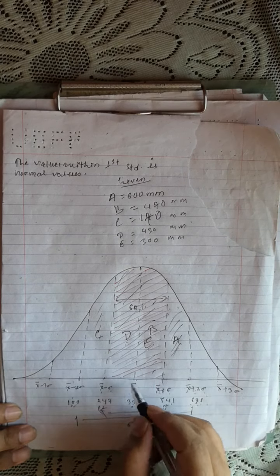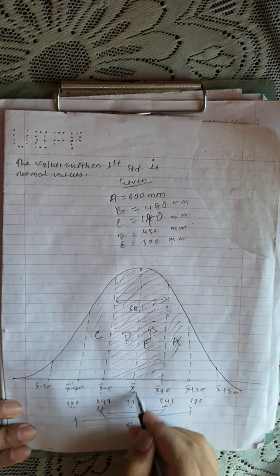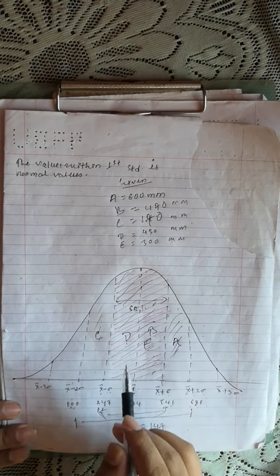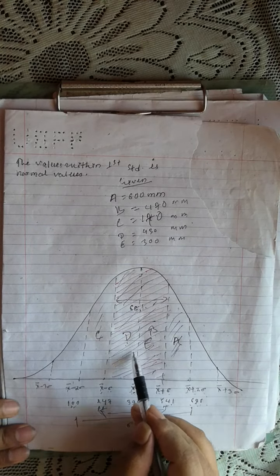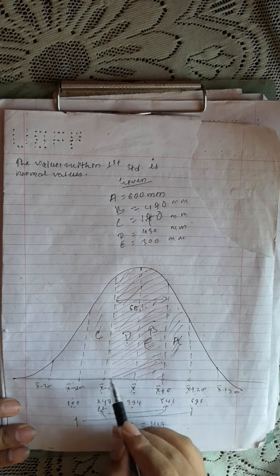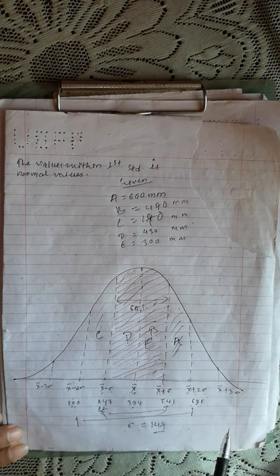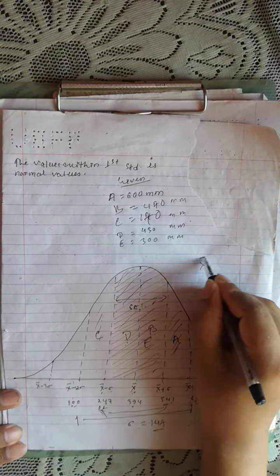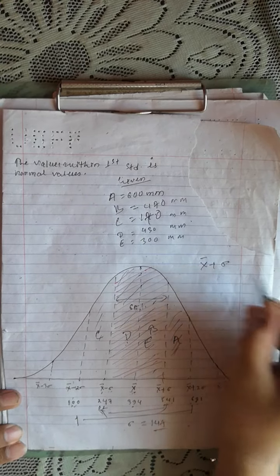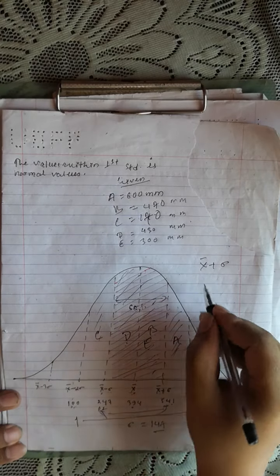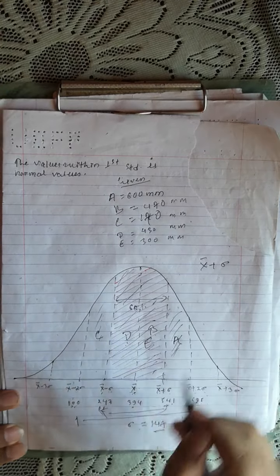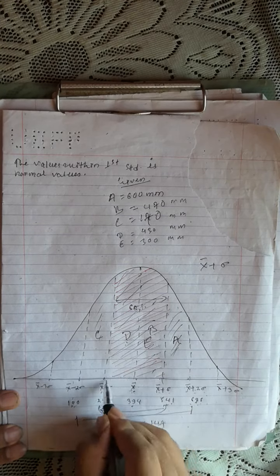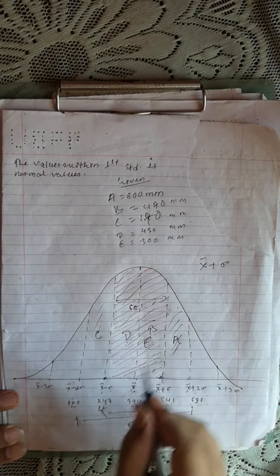This is the mean value, and all this region shaded with red is the first standard deviation. The first standard deviation extends from the mean plus one standard deviation to the mean minus one standard deviation.